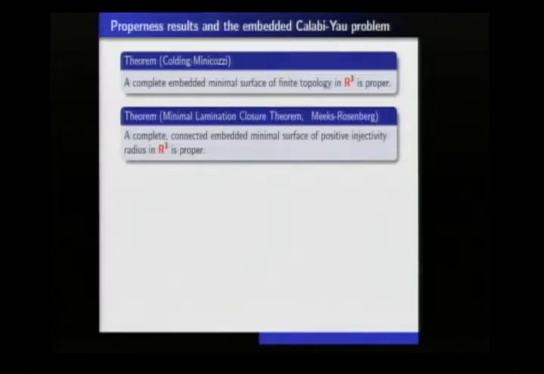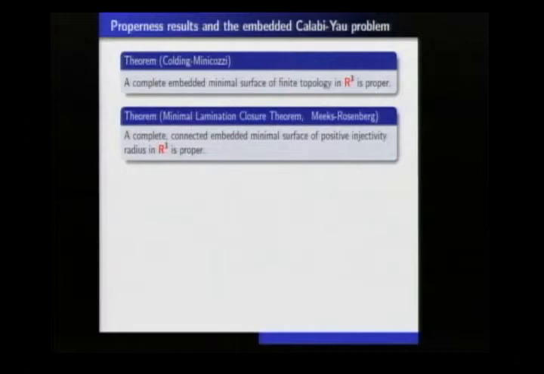Going away from finite topology, say I have any complete connected embedded minimal surface in R3 with positive injectivity radius. Finite topology minimal surfaces always have this property. They're always proper. The arguments here are based on those earlier results, but the point of view is certainly different. I'm going to talk a little bit more about that later.